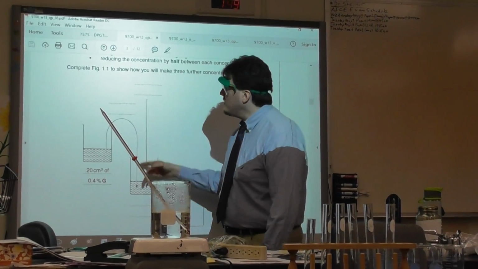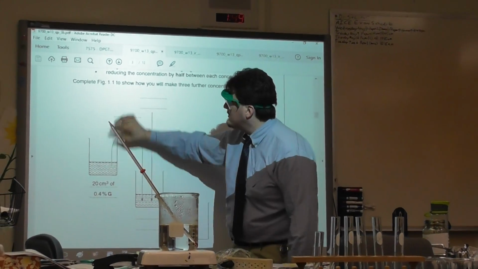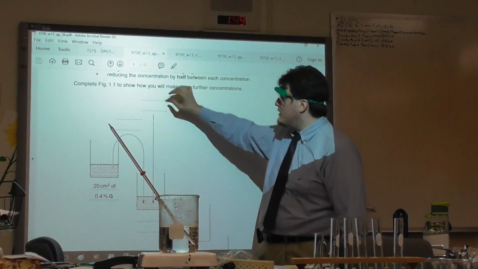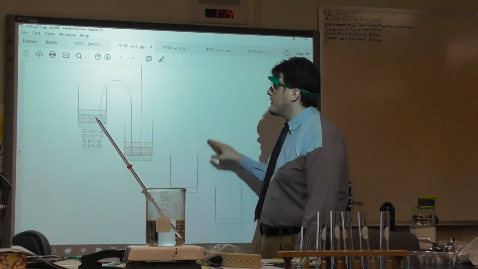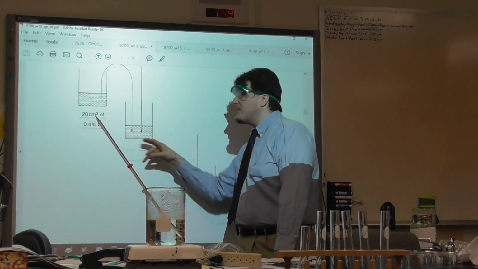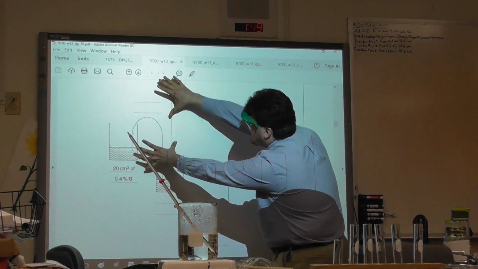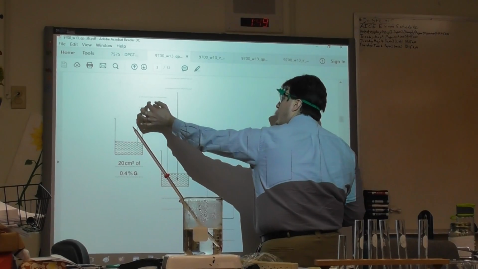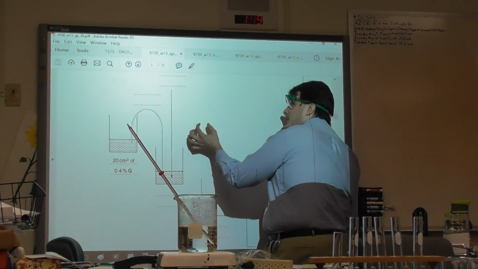So I'm taking out 10 cubic centimeters of this value, and I'm copy, paste, and changing 20 to 10. And then I'm putting 10 cubic centimeters of W up here. And I'm adding those two together to 20 cubic centimeters of that 0.2%. And then I take these arrows and I just shift them down here. And I replace that 0.4 that was here with a 0.2 over here.